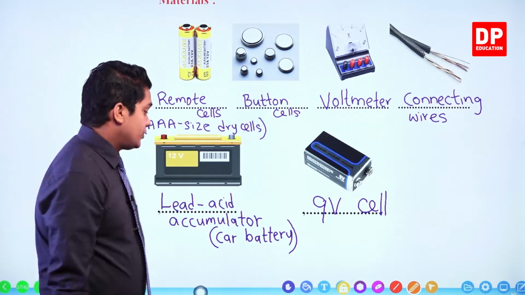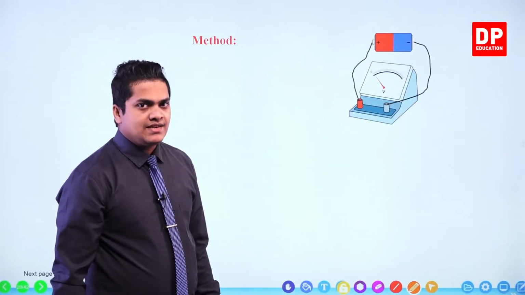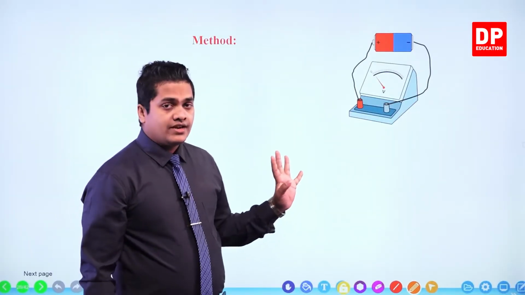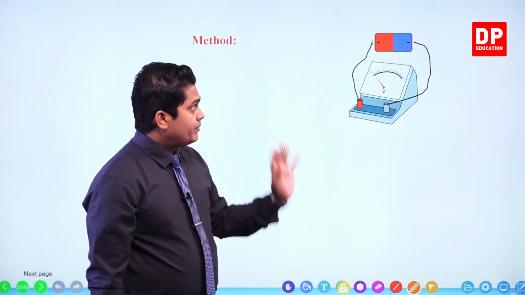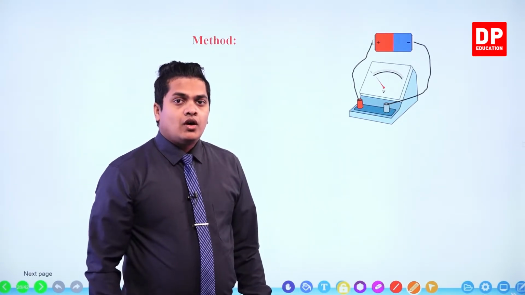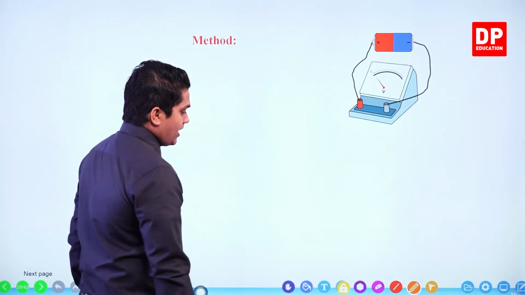We'll head on to discuss the method. It's really simple. Connect each of these electric sources, the dry cells and batteries, to the voltmeter and record your observations, right? That's it. I'll write down the method.